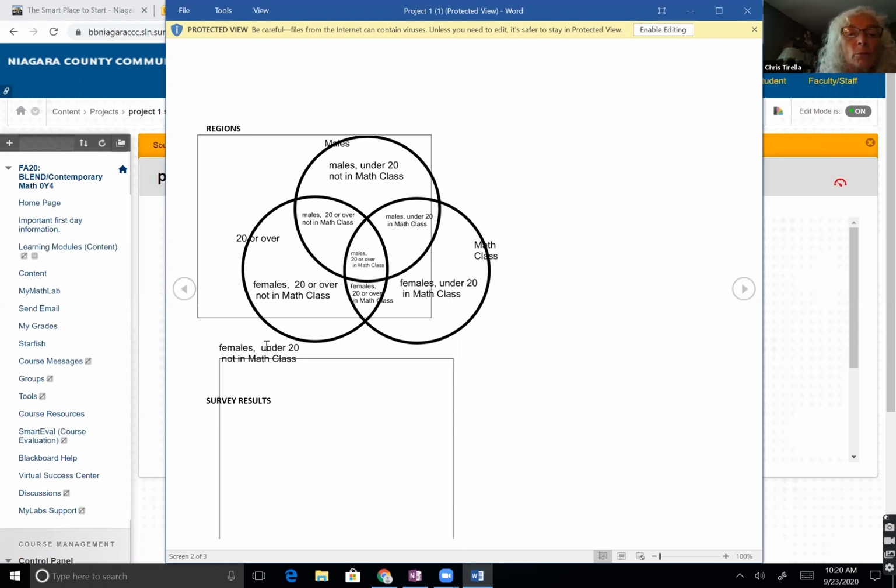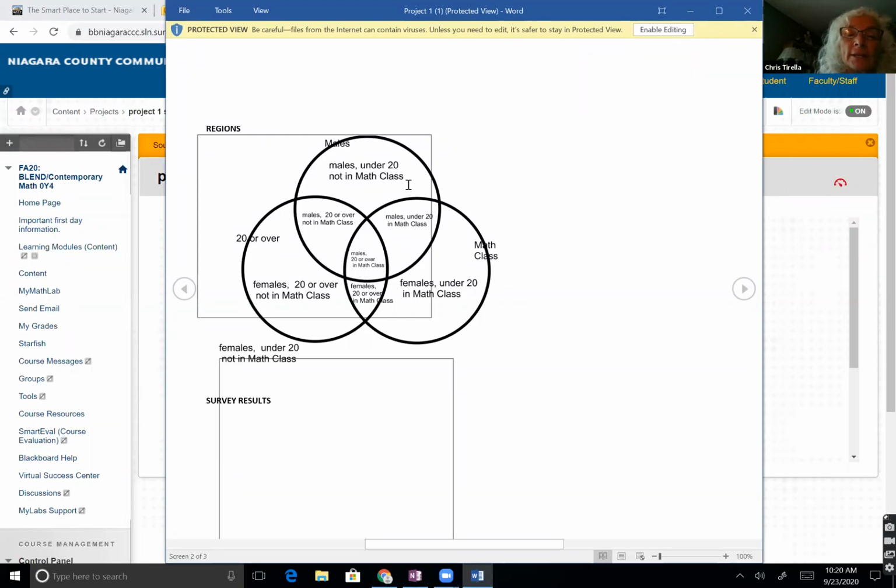The next loop is for people 20 or over. People inside the loop are 20 or over, people outside are not 20 or over. This third loop is people who take a math class. People in this loop take a math class, people outside don't.